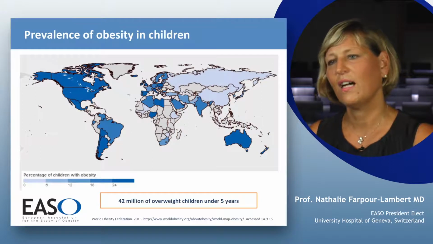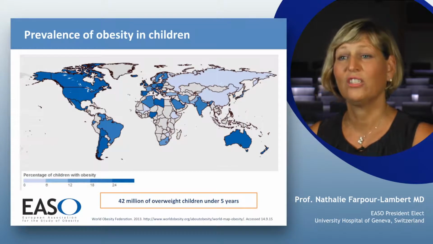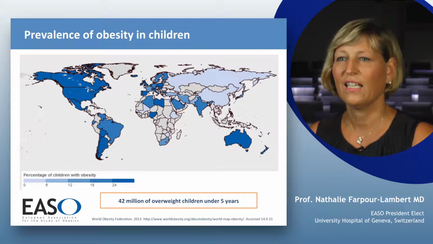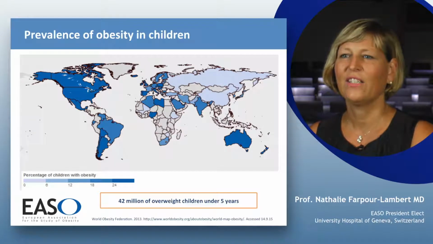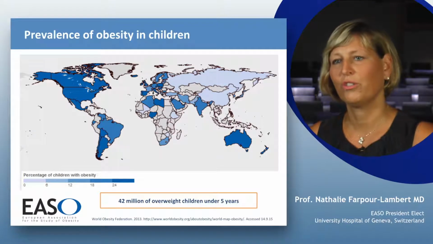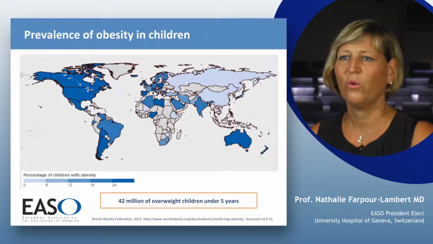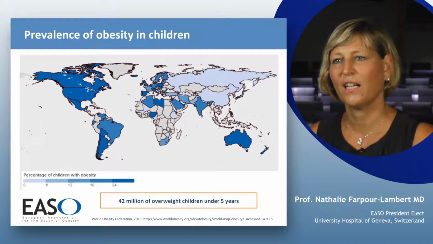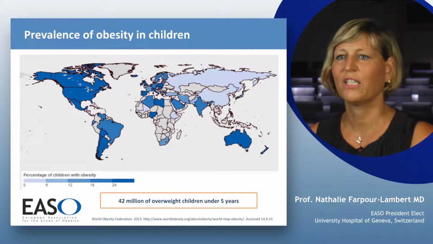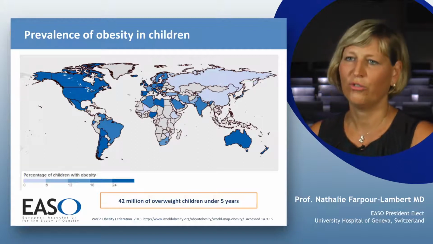This slide shows the prevalence of obesity in children in the world. And interestingly, we can see the same distribution of obesity with a very high prevalence of over 30 in North America, as well as in South America, Australia, and Europe.